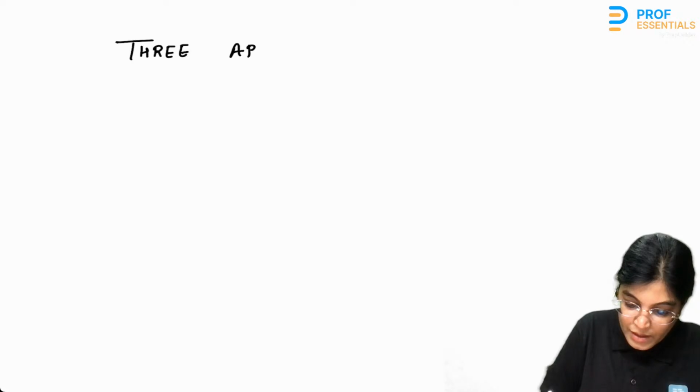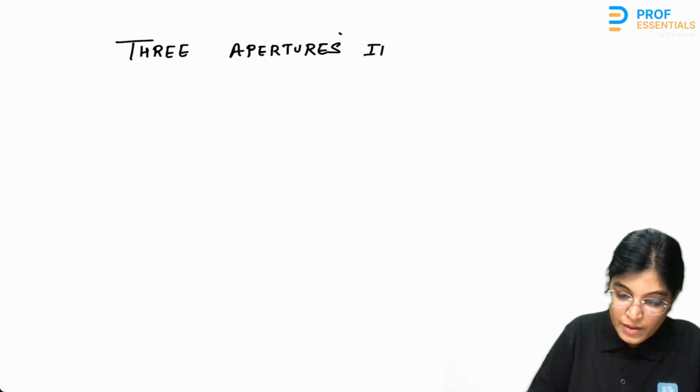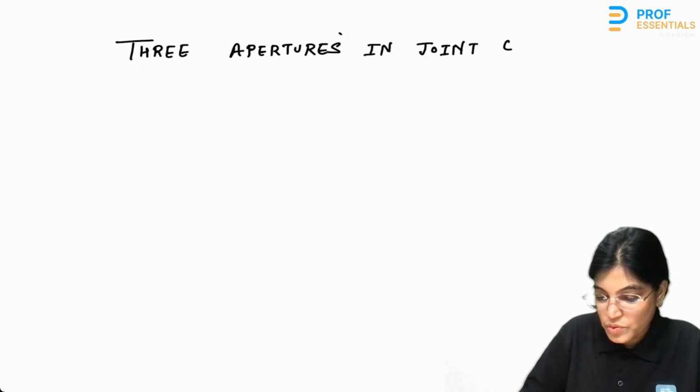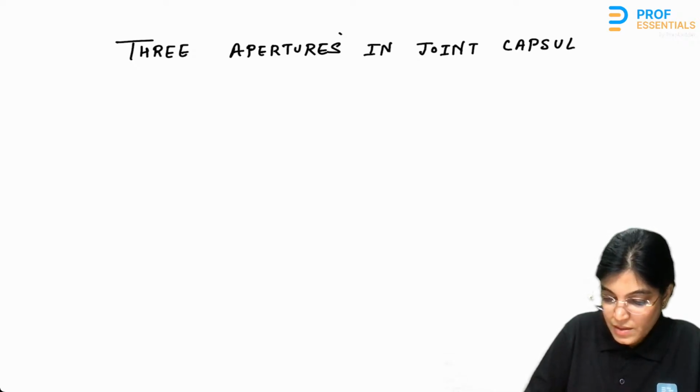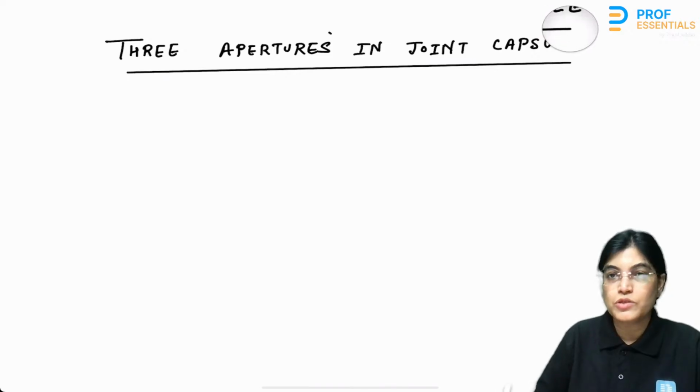There are three apertures present in the joint capsule of the shoulder joint.